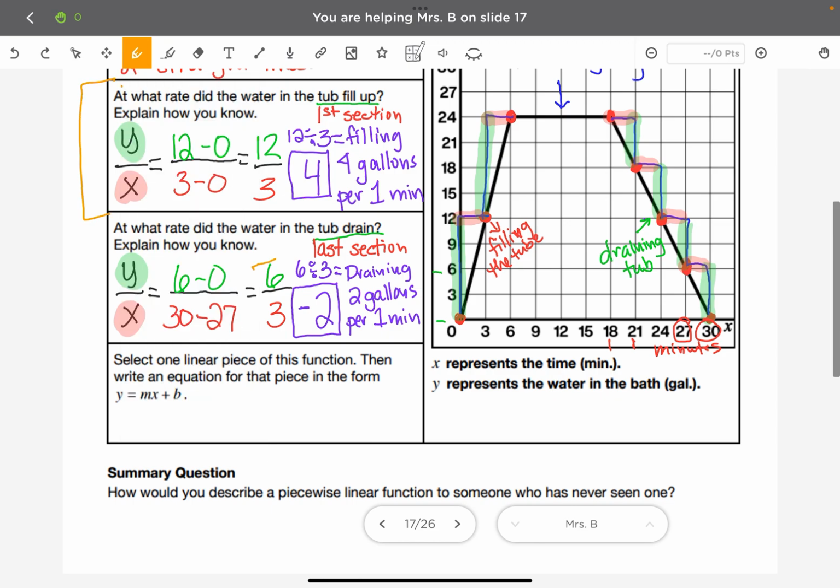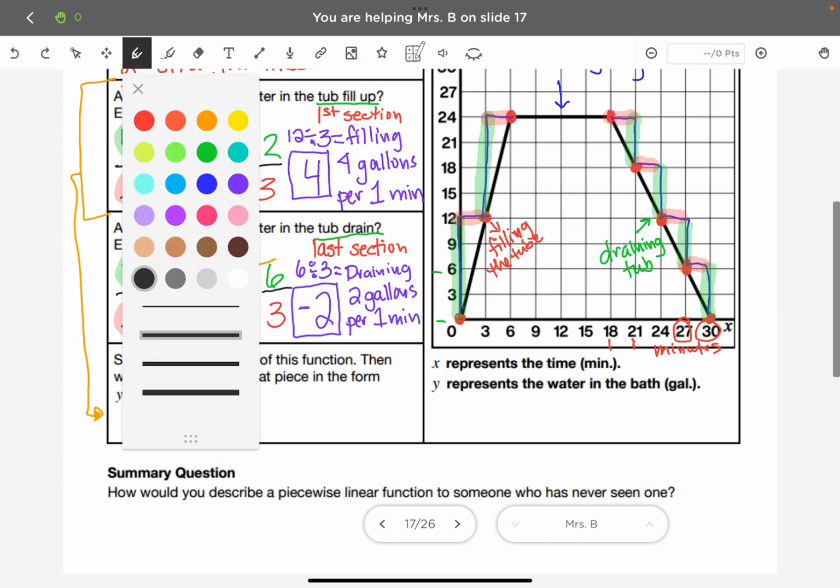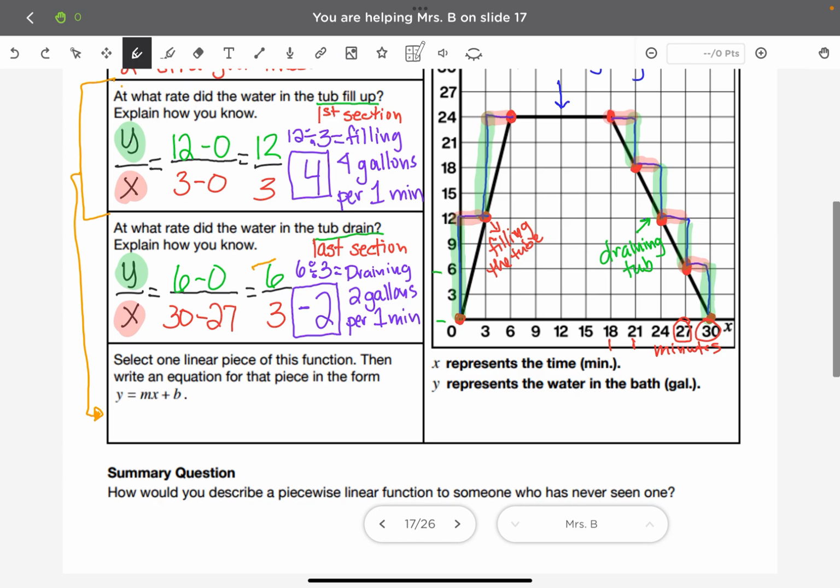And I'm going to take my information from here and write it in my equation of y equals mx plus b. So I'm going to start by putting my formula, or my equation, y equals blank x plus blank. And I'm going to make sense of what that equation means.